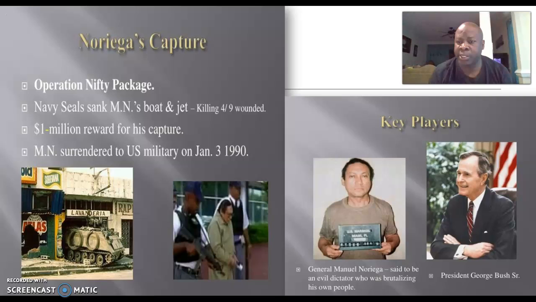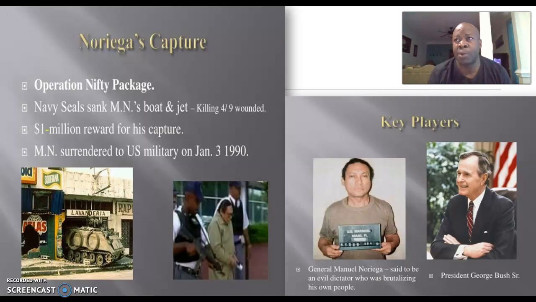The U.S. was secretly making deals with close members of the Panamanian Defense Force, which Noriega was head of. A lot of his generals were secretly talking to the U.S. about capturing him and giving him up.